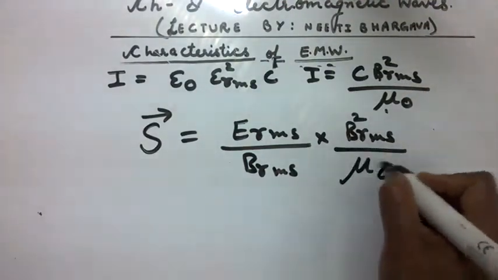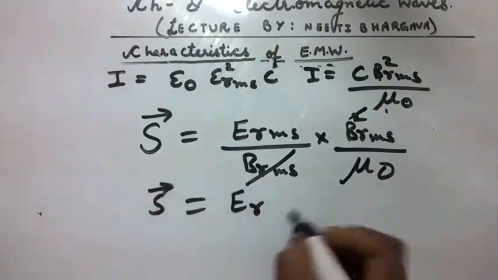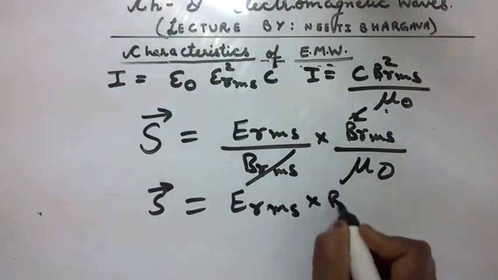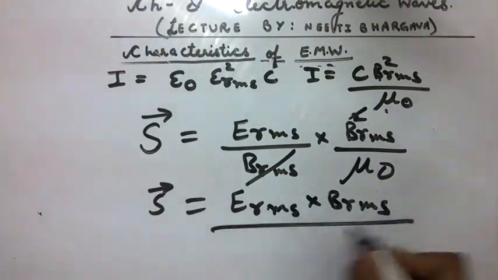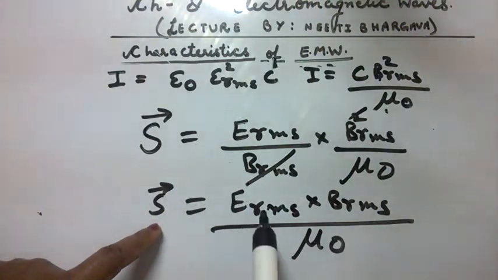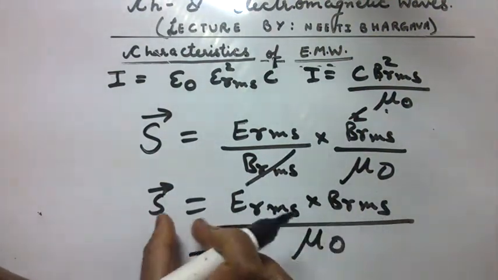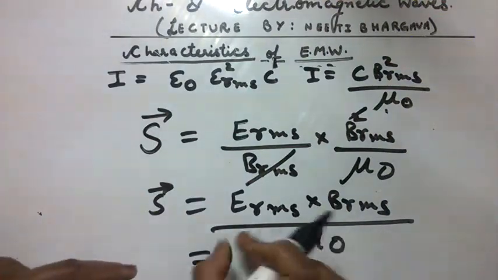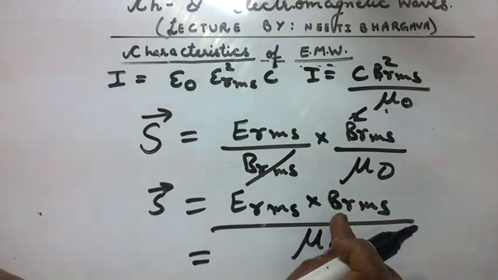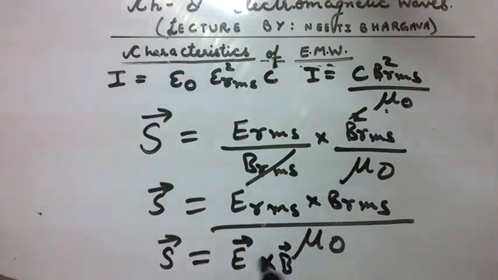So we get S vector is equal to E_RMS into B_RMS by mu naught. So Poynting vector is the energy per unit area per unit time, and its direction is perpendicular to electric field as well as magnetic field, that is towards the direction of propagation of a wave. So here we can write S vector is equal to E vector cross B vector, where E and B are time varying electric and magnetic fields.